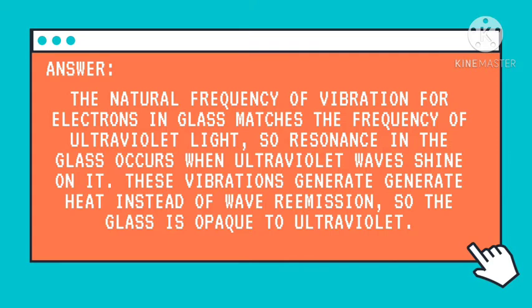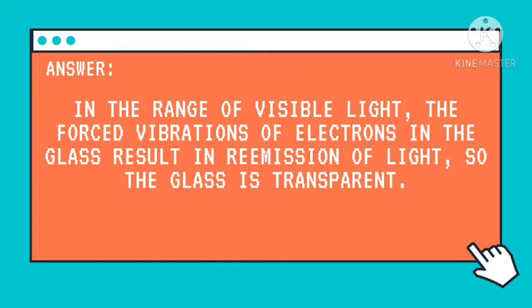The answer is, the natural frequency of vibration for electrons in glass matches the frequency of ultraviolet light. So resonance in the glass occurs when ultraviolet waves shine on it. These vibrations generate heat instead of wave emission, so the glass is opaque to ultraviolet.